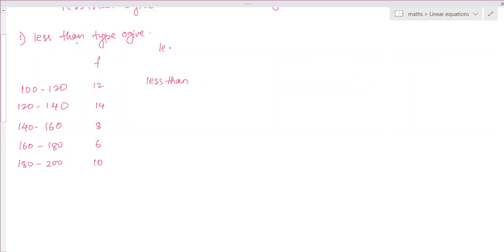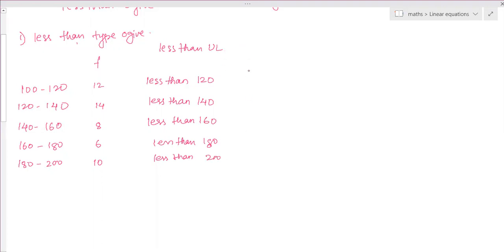The upper limits are 120, so less than 120, less than 140, less than 160, less than 180, and less than 200.